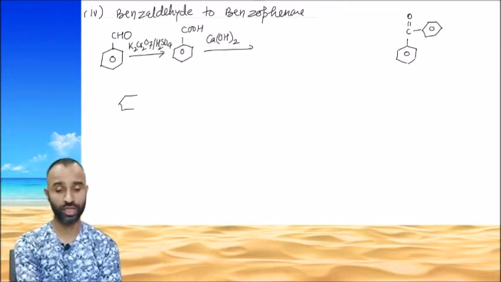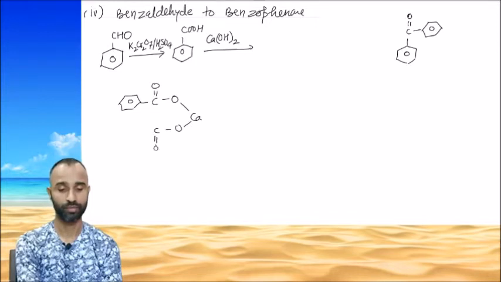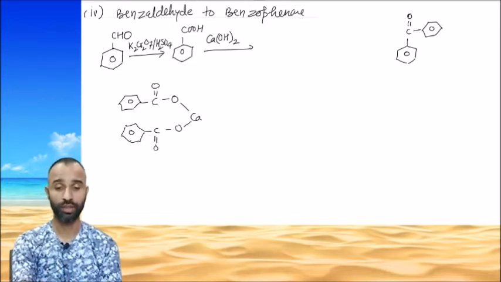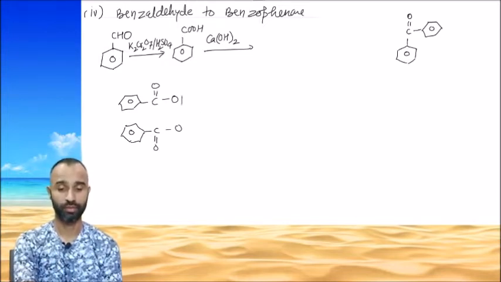When we use calcium hydroxide, it gives product like this. How is it possible? Say, first of all, we have benzoic acid and calcium hydroxide.